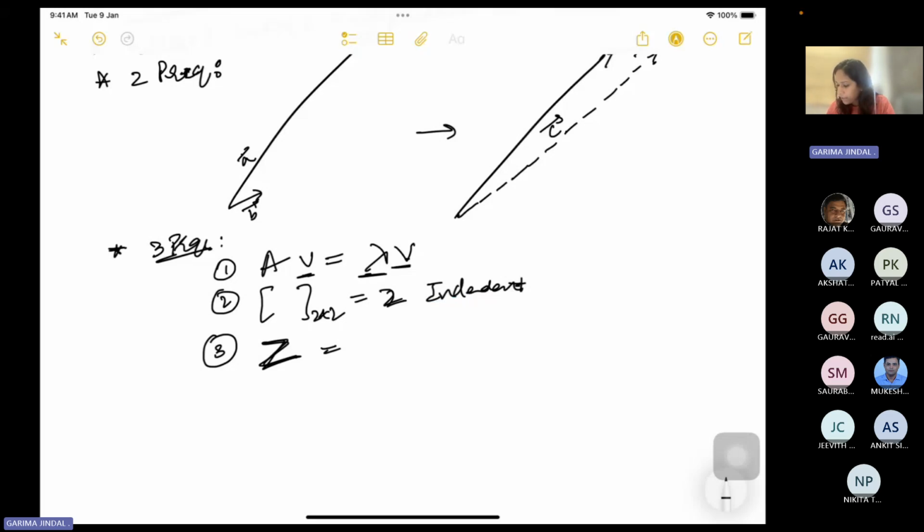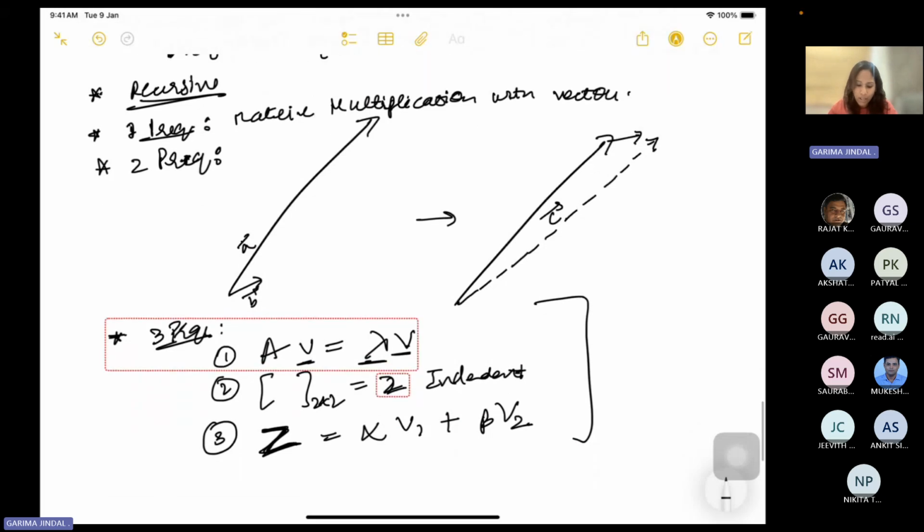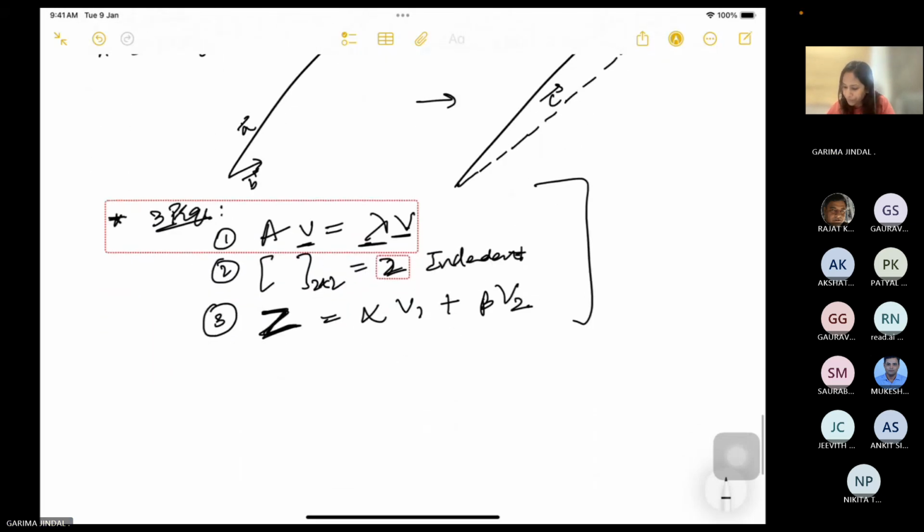Any vector that is two-dimensional, any point in two dimensions, can be represented by a linear combination of these eigenvectors. So suppose Z is any vector that can be represented by a linear combination of V1 and V2. These are the four points that you should know before we move further.